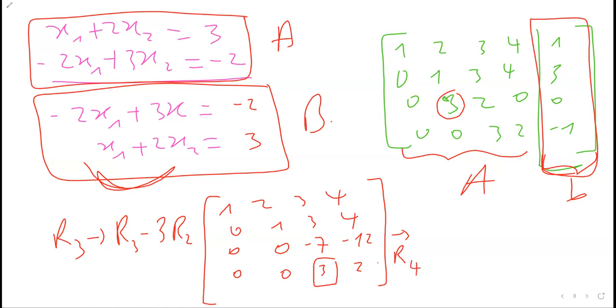So you say row 4 is equal to row 4 minus, let me say 7 times row 4 minus 3 times row 3, that is 3 over 7 of row 3.